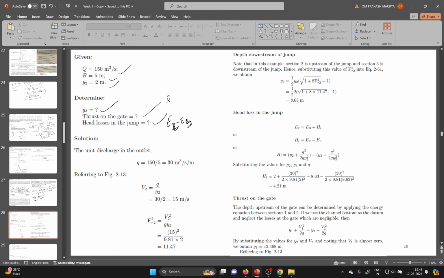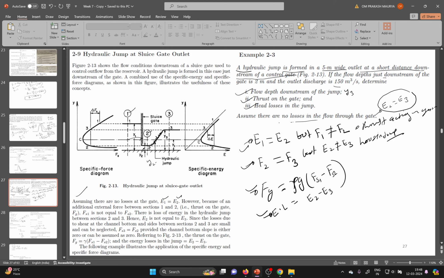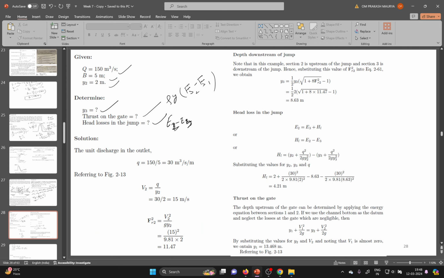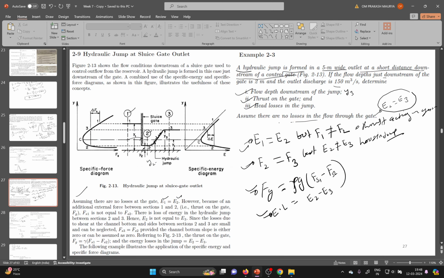And the thrust on the gate, rho g, Fs1 minus Fs2. The force at 1 is more. Why Fs1 minus Fs2? Because due to the thrust, some of the specific force is lost.